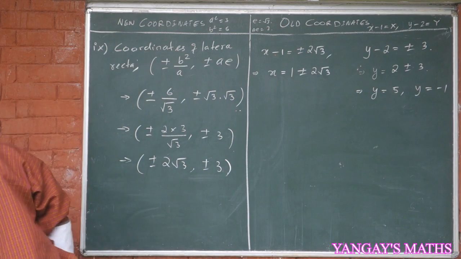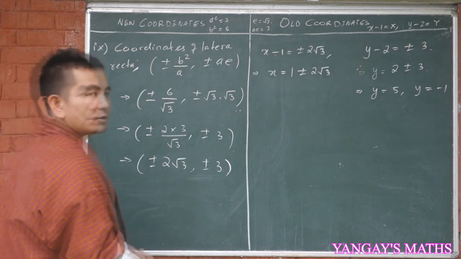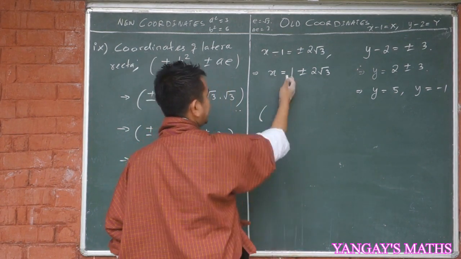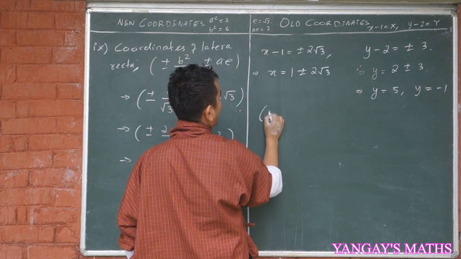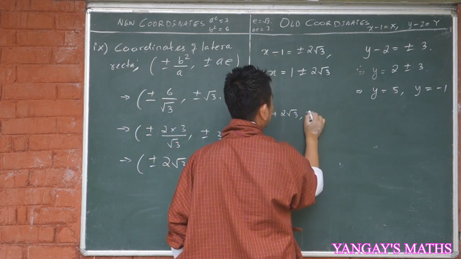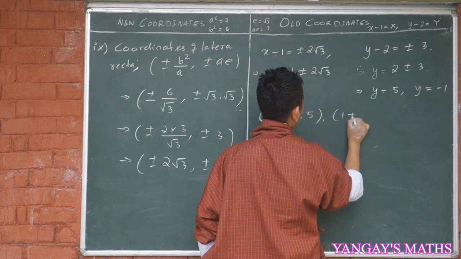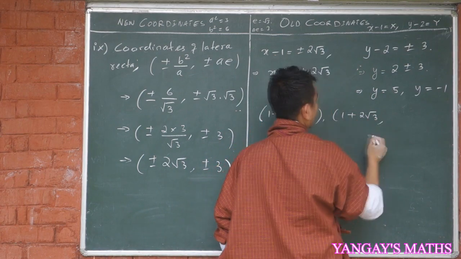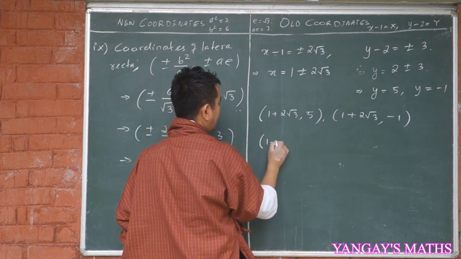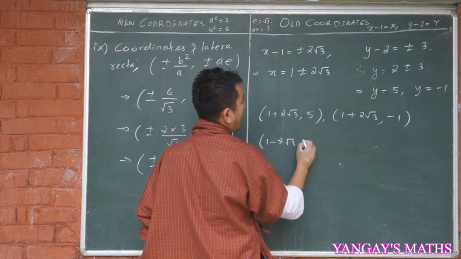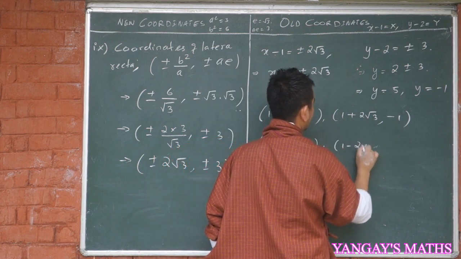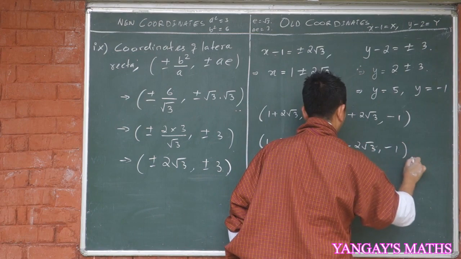Therefore, finally, if you want to write, you can write this way: 1 plus 2 root 3, comma 5, and then 1 plus 2 root 3, comma negative 1. Again, 1 minus 2 root 3, comma 5, and then 1 minus 2 root 3, comma negative 1.